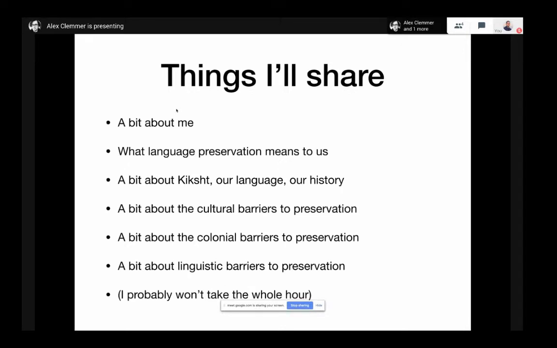Okay, things I'll share, in no particular order. If people have questions or want to talk about something else, I'm super happy to route the conversation a different way. But initially, I was thinking I'd share a little bit about me, my connection to the community, and why I'm doing language preservation work, what the language preservation work means to us, the tribe and the people working on it, a little bit about our language, Kiksht, our history, and then a whole bunch of stuff about the various barriers to preservation that we've encountered and what we're doing to get around them.